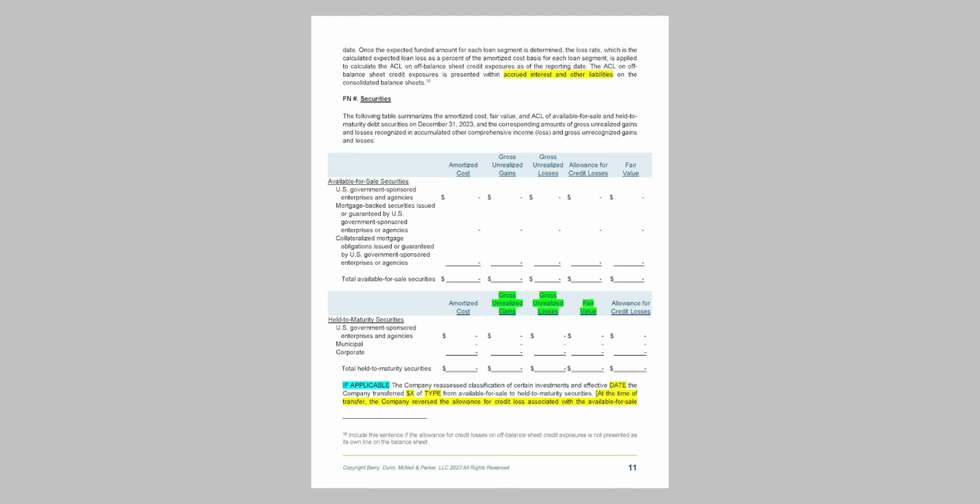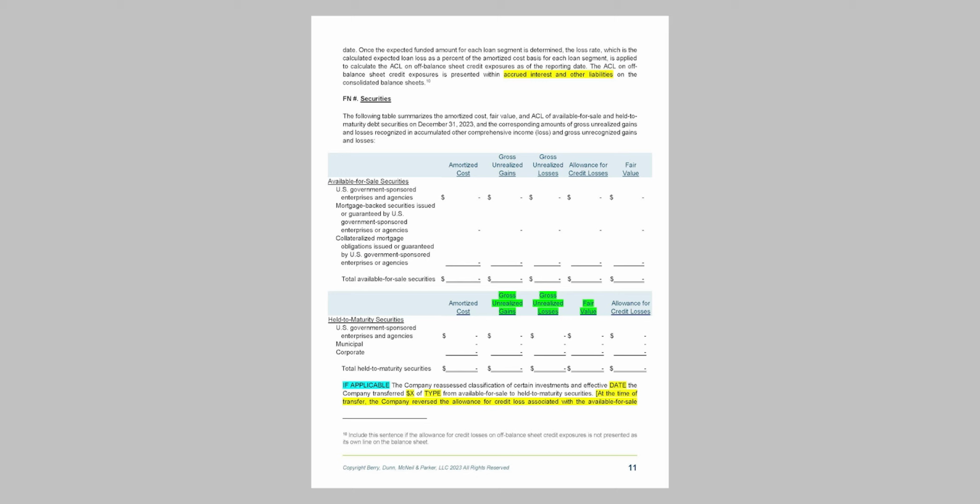So on page 11 here, we're done with our significant accounting policies. We're now looking at our financial statement line item specific disclosures. And maybe thankfully, the securities or investments disclosure is largely unchanged. You'll notice you still have your amortized cost, your gross unrealized gain and loss disclosures.